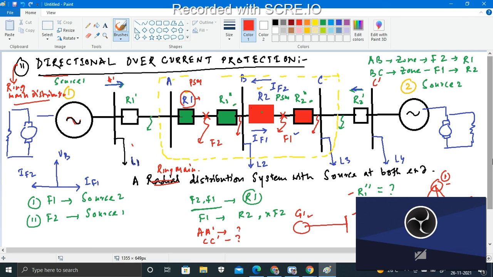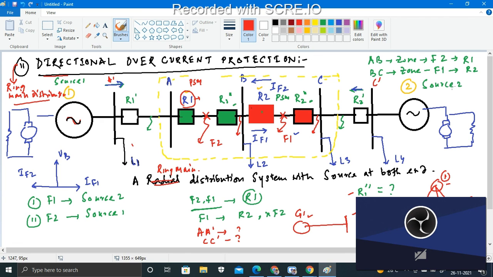In the case of a radial distribution system you can use it, but that depends on the source behavior, the system behavior, and the feeder action. Suppose we choose non-directional overcurrent protection with two different sources; I will take that consideration in the next classes.